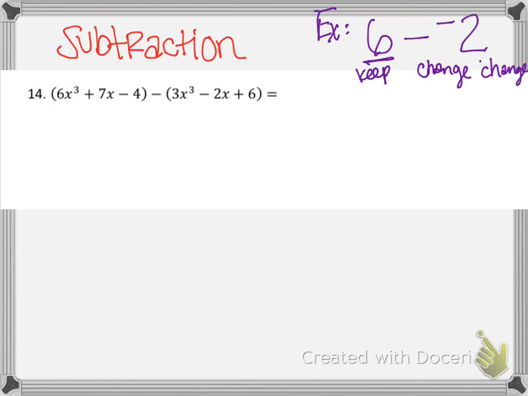So I'm going to keep my sign for my first number. If I subtract, I can flip it to a positive, and that changes my sign of the negative 2. So 6 minus negative 2 is actually positive 8. So I'm going to go ahead and erase that part.